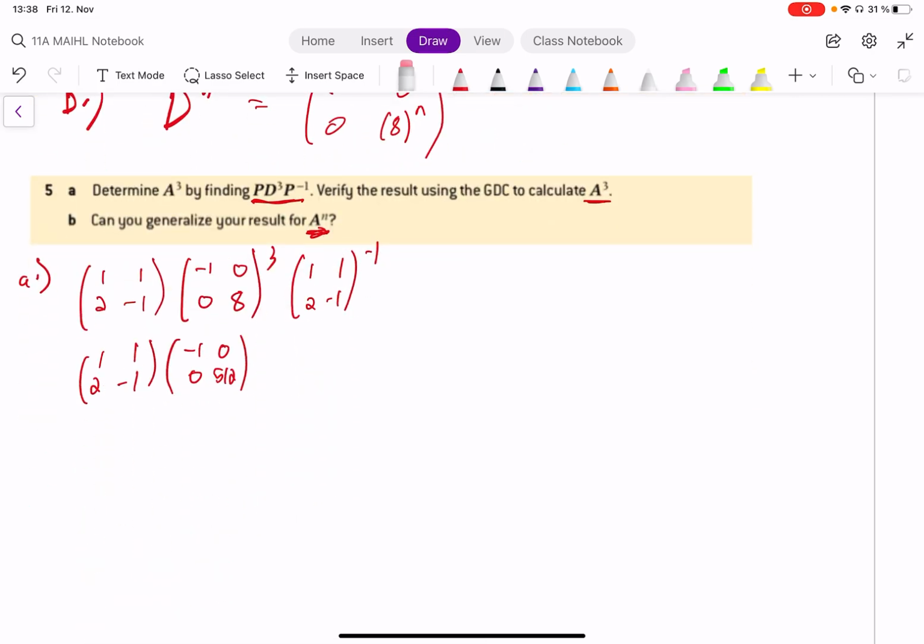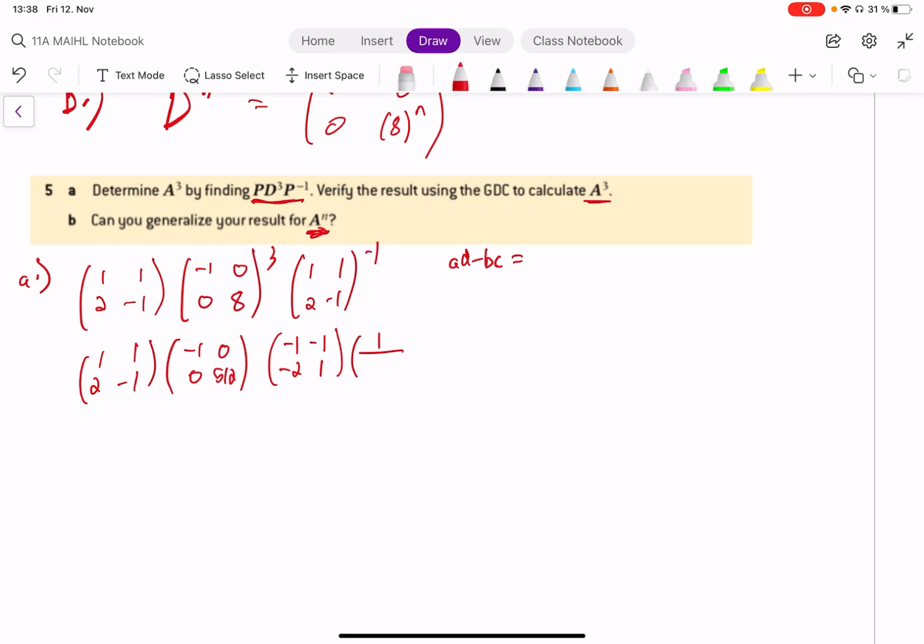And then finding the inverse of this one. This is where we have to remember our inverse rules, but this is also in your formula booklet. I switch the A and D values, so negative 1 and 1 switch places. Then B and C get the opposite value that they were, but then I have to multiply by 1 over AD minus BC, the determinant.